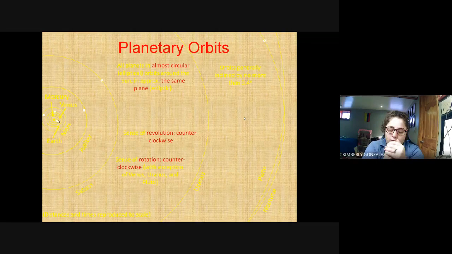So we said that Mercury was about 7 degrees off and Pluto was 17 degrees off. Pretty much every other planet will only have their orbit changed a little bit by 3.4 degrees, I think is the max. Okay, except for Mercury and Pluto, which is again another factor against Pluto.